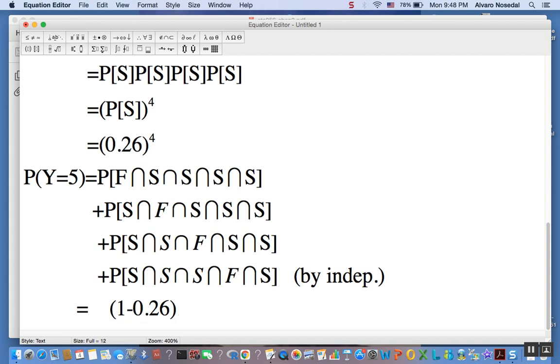Okay? And to be super specific, I'm going to be using the power of 1 here. And then we know that this is going to be just 0.26 to the power of 4, right? Okay.